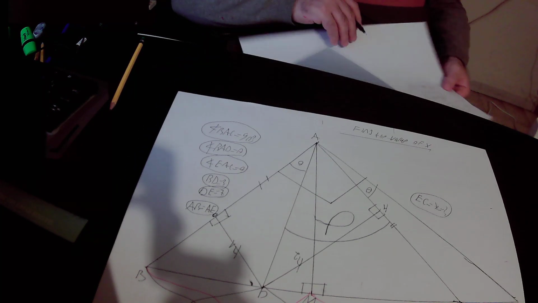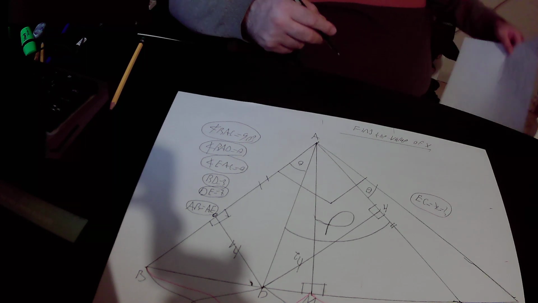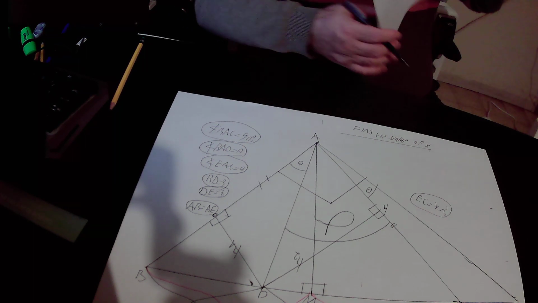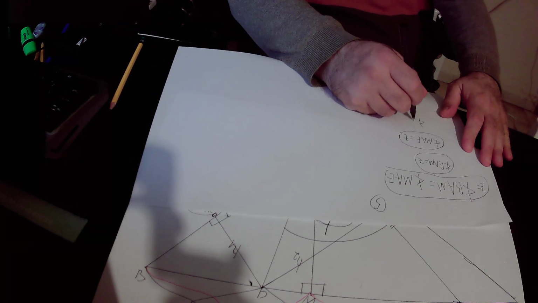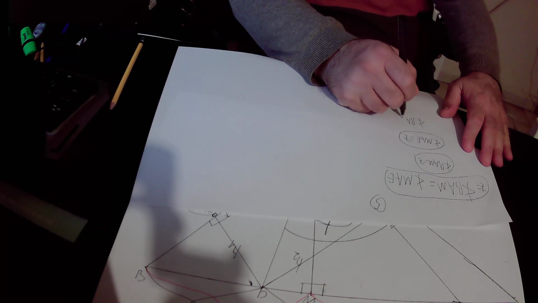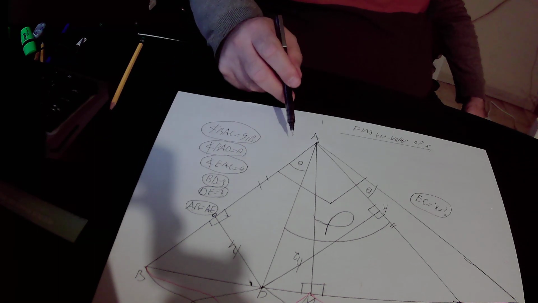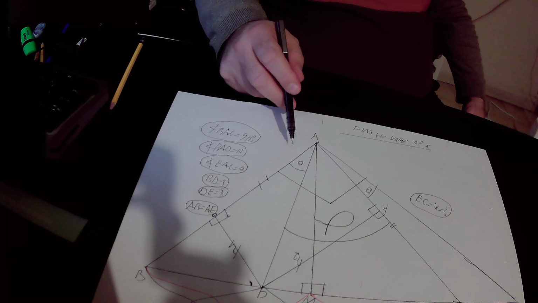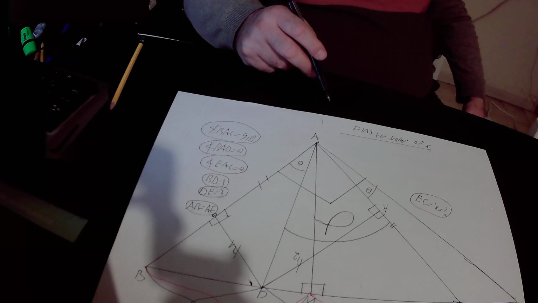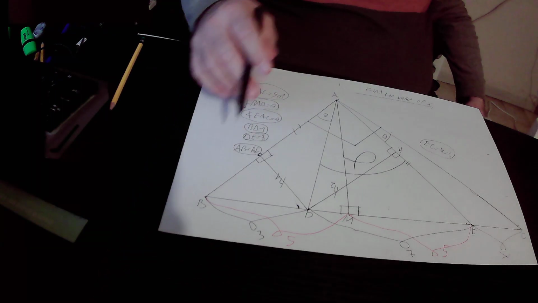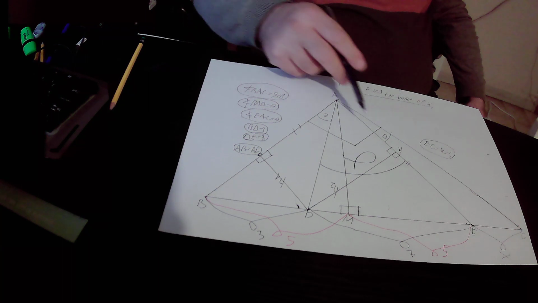But what is the value of angle BAE? The value of angle BAE, from one side, is equal to theta plus alpha. Again, angle BAE from one side is equal to theta plus alpha.